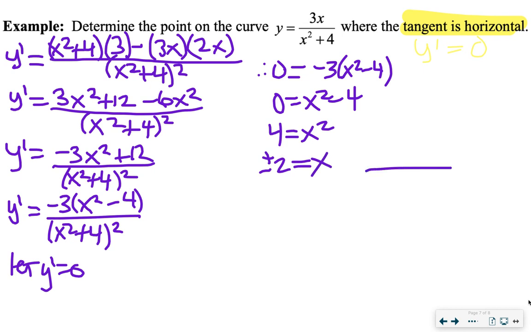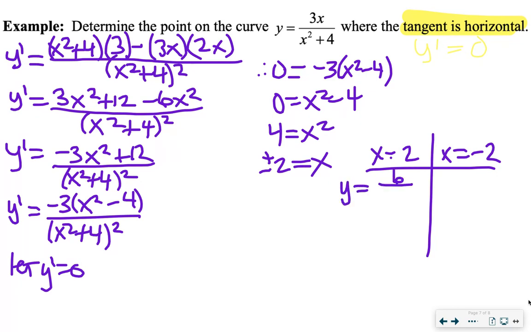Alrighty, well, let's just see what happens. So when x is equal to 2, or when x is equal to negative 2. When x is equal to 2, my y, I get as 6 over 4 plus 4, so I end up getting y is 3 over 4.